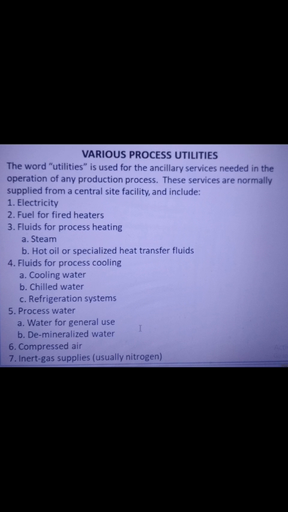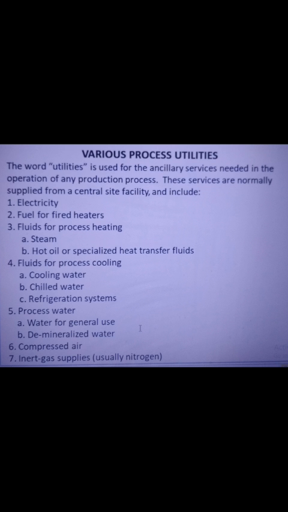In this video lecture, I will discuss the process utilities in chemical plants. What are the various process utilities? The word utilities is used for the ancillary services needed in the operation of any production process.